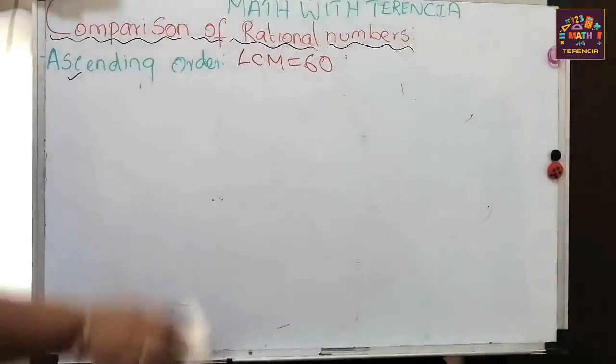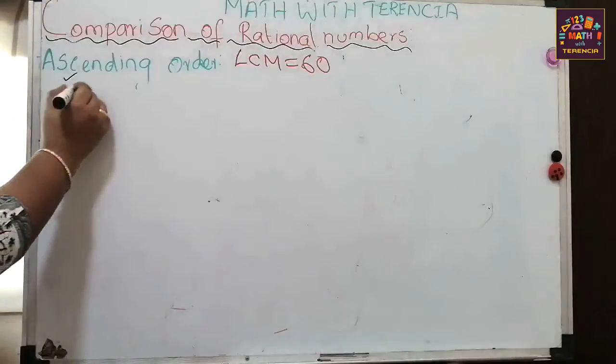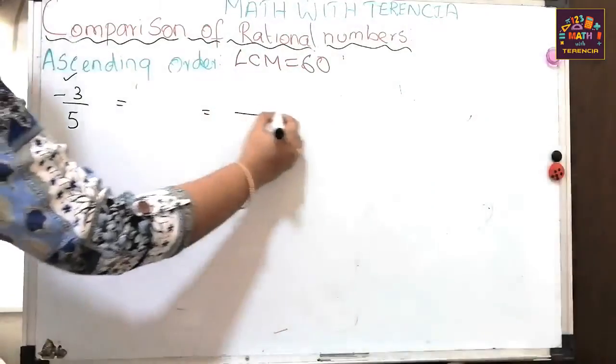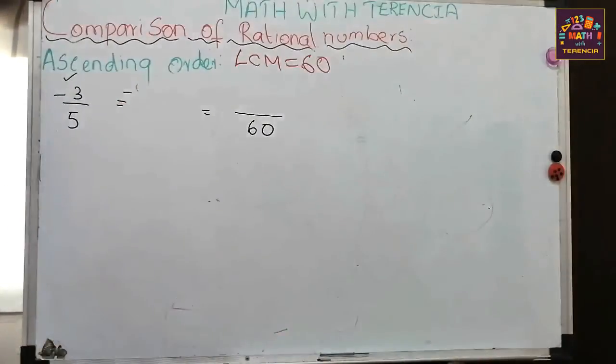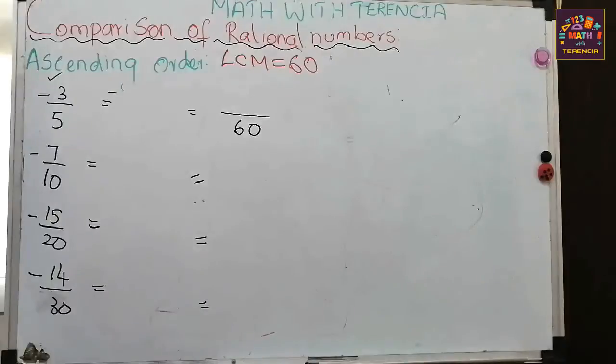Okay, so now we have found the LCM as 60 and I need to change each fraction. We need to change all the fractions to denominator 60.